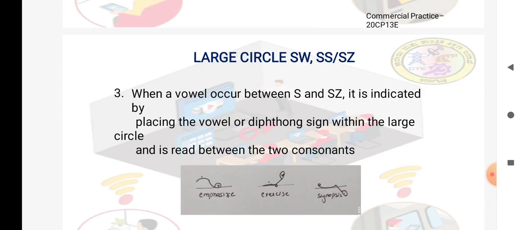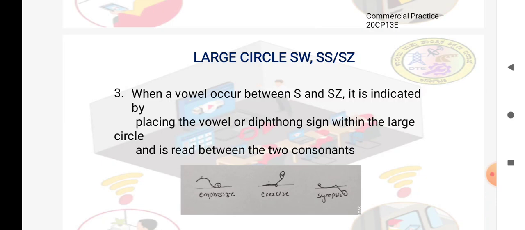Then you have another example, exercise. There is a diphthong between S and Z, exercise. You have to place the diphthong between that particular S and Z. Third example, synopsis.